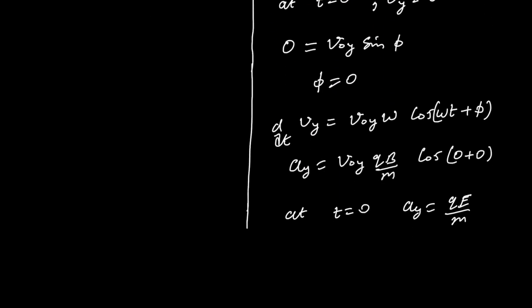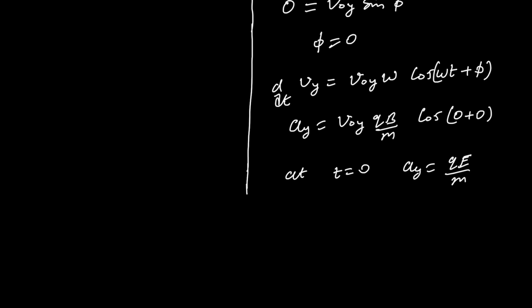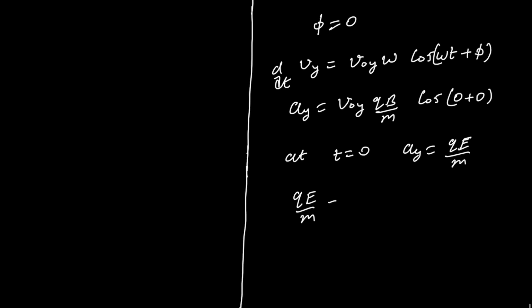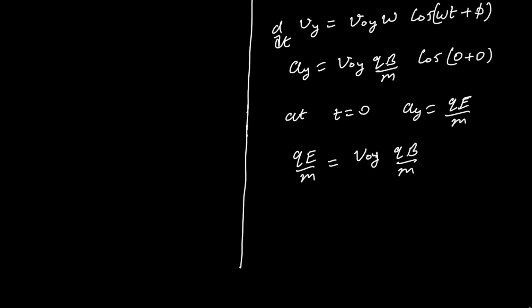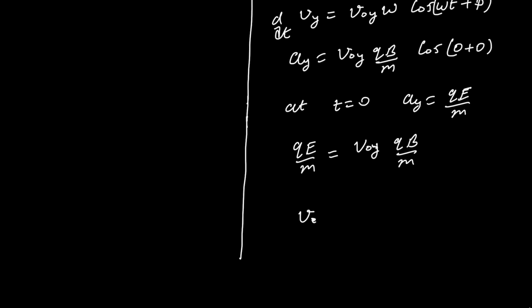I hope you understood how we are getting this Ay as qE by m. So keeping this value of Ay, qE by m, in this equation, we get V naught y times qB by m, and on solving this equation what I get is that V naught y comes out to be E by B.